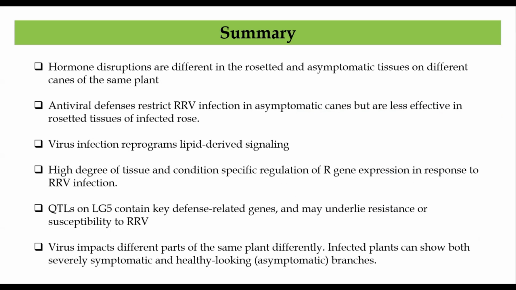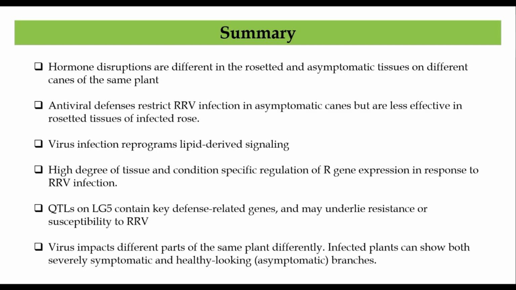So in summary, we saw these hormone disruptions are different in Rosette and asymptomatic tissues. Antiviral defense restricts Rosette virus infection in asymptomatic cases, but is less effective in Rosette tissue. We saw how virus infection reprograms lipid-derived signaling.